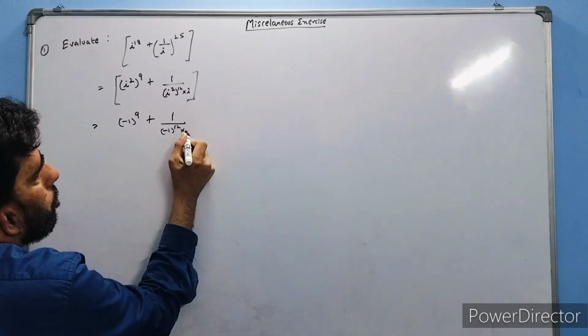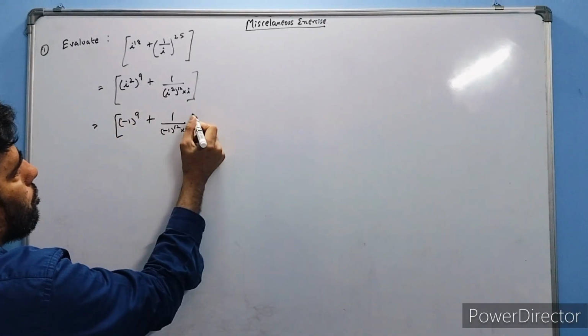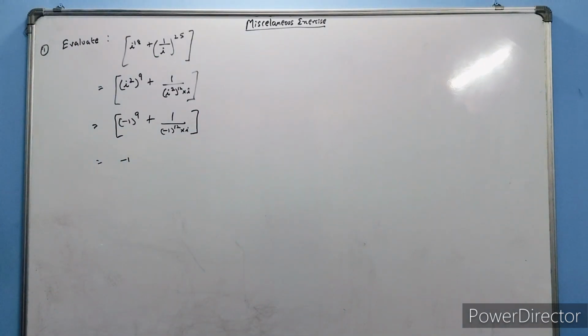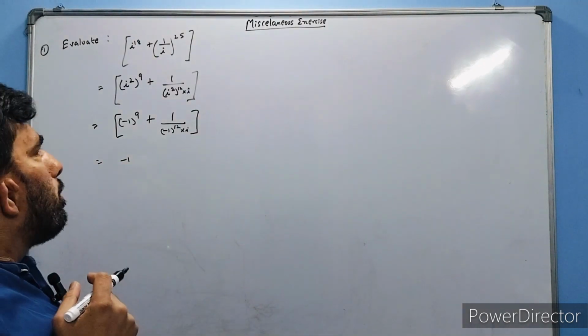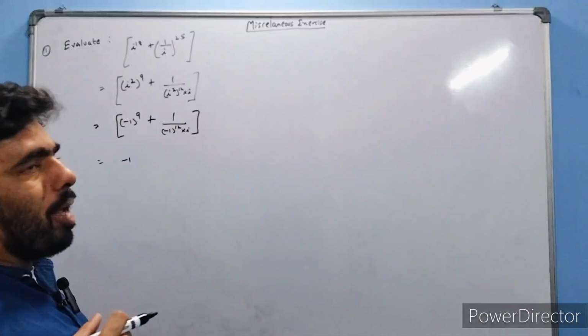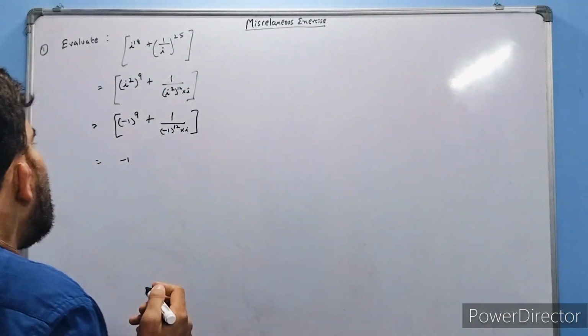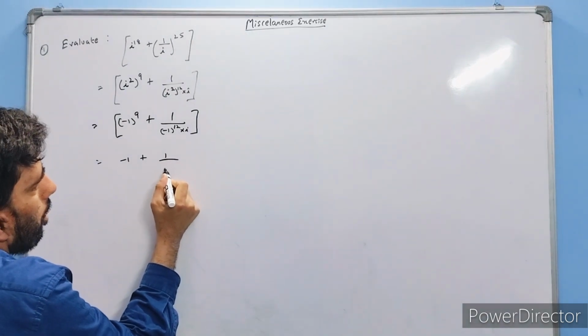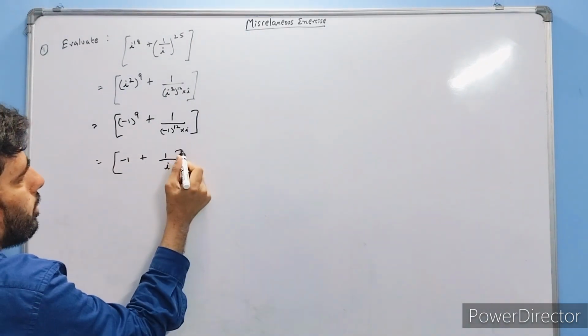So -1 whole to the power 12 into i. It is -1 because a negative number having an odd power gives a negative number, plus here we'll have i itself.